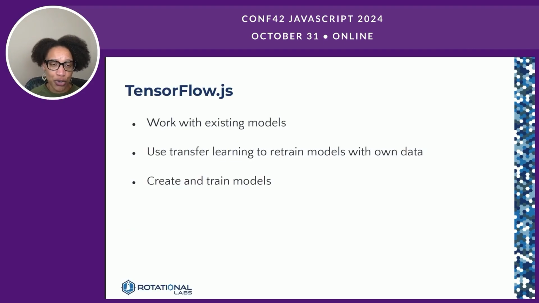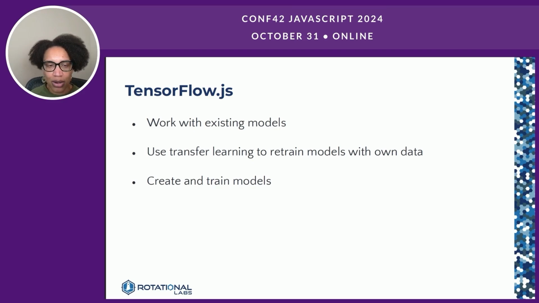Three things that you can do with TensorFlow.js is you can work with an existing model. As I mentioned, those pre-trained models have already been trained on an existing data set. You don't have to actually provide data in order to work with these. However, there's also the possibility of using transfer learning to retrain models in TensorFlow.js with your own data.